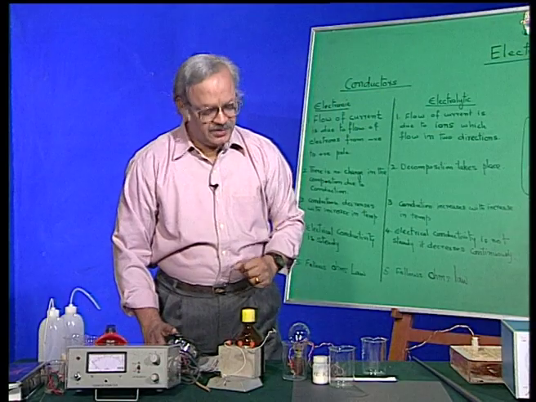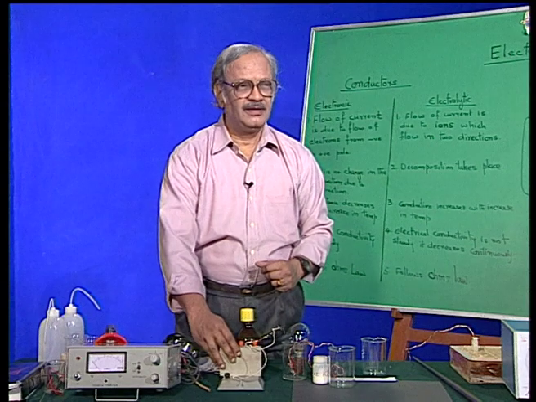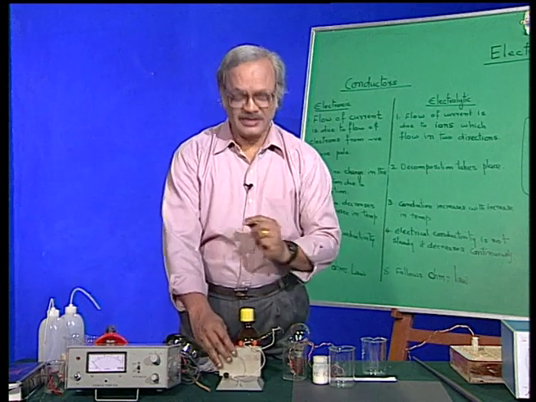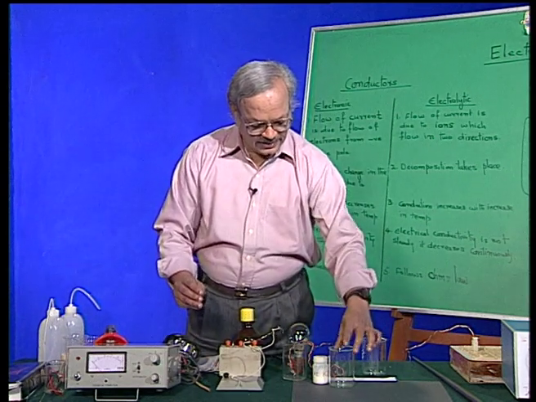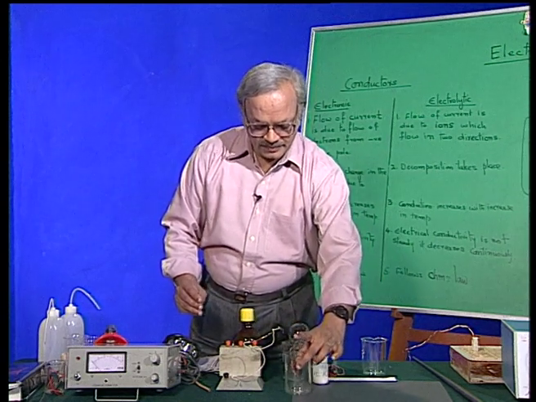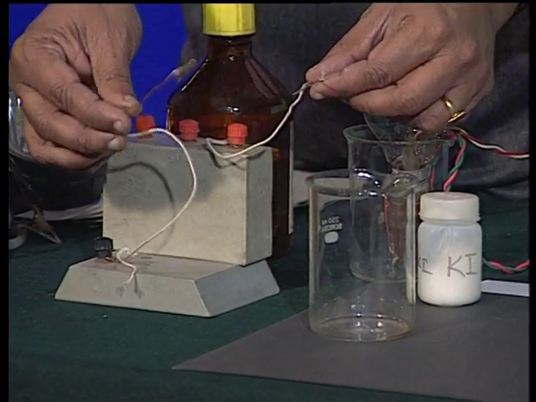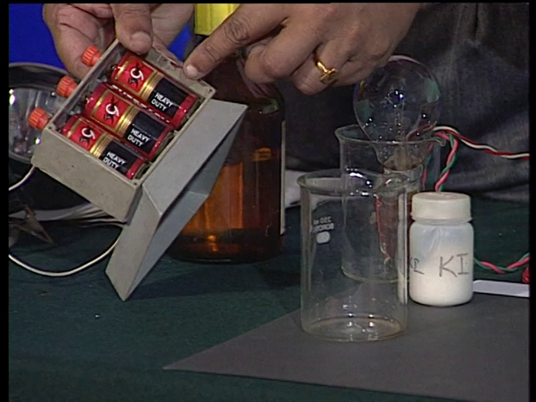Now, what I am going to do is see what happens in a solution. In this case, I take a beaker and then have the same setup of the two wires and the battery here.